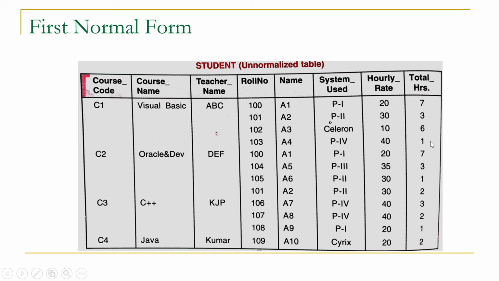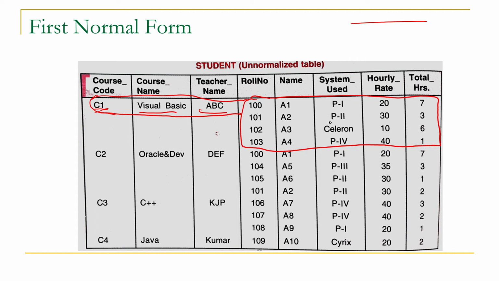For the row-column intersection we get only one value of course code, course name and teacher name, but multiple values of these other columns. These multiple values are not allowed in the relational model, so our structure is not actually a relational model. In a relational model, for every row-column combination you should have one value.